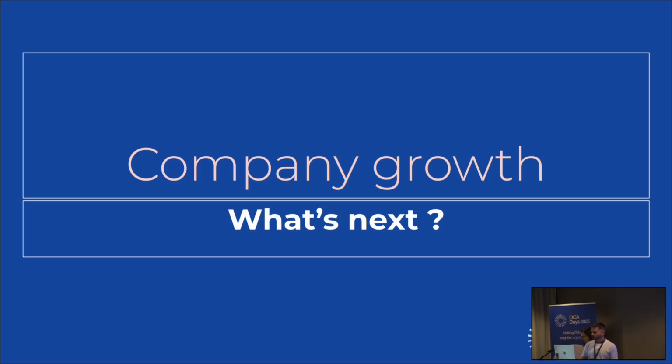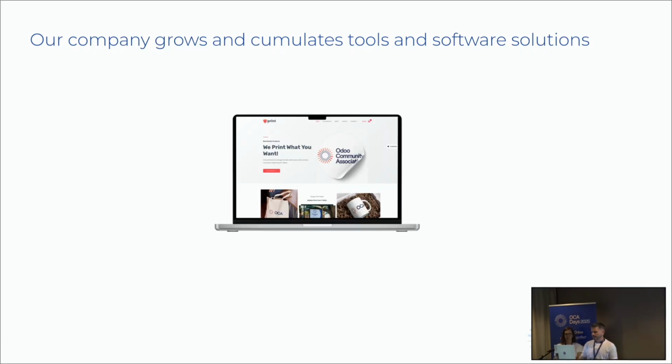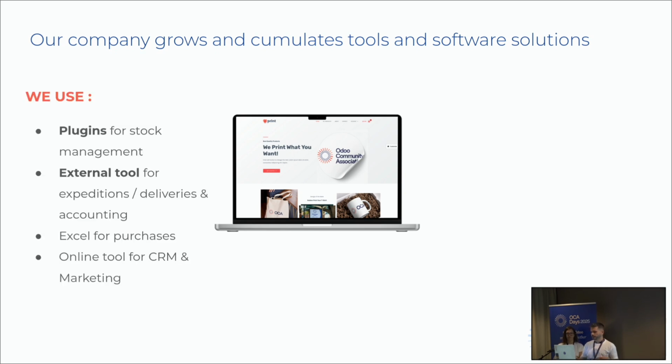The company becomes bigger and bigger. We sell a lot of stuff online, and we have to change some parts of the system to support the growth. So the situation: we have a lot of plugins on our e-commerce platform to manage stocks, for example. We use external tools to manage expedition, to do the accounting of our company.